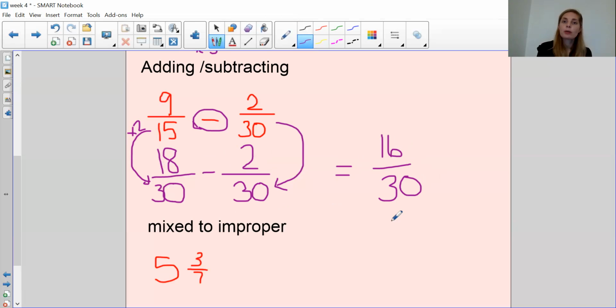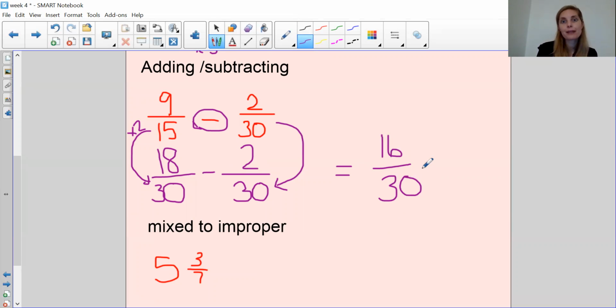Now, I know some of you have figured out that you can then simplify the fractions. I'm not going to explain that too much, because what I'm going to do is discourage you from doing that. Often in an arithmetic paper or a reasoning paper, if you write the fraction and then you simplify it or change it back into a mixed number, and you do it incorrectly, you will get marked wrong.